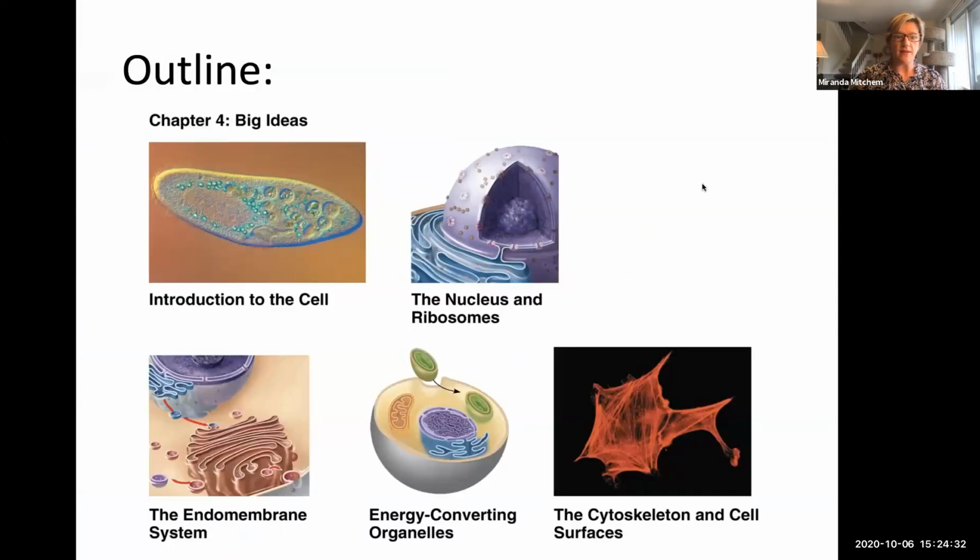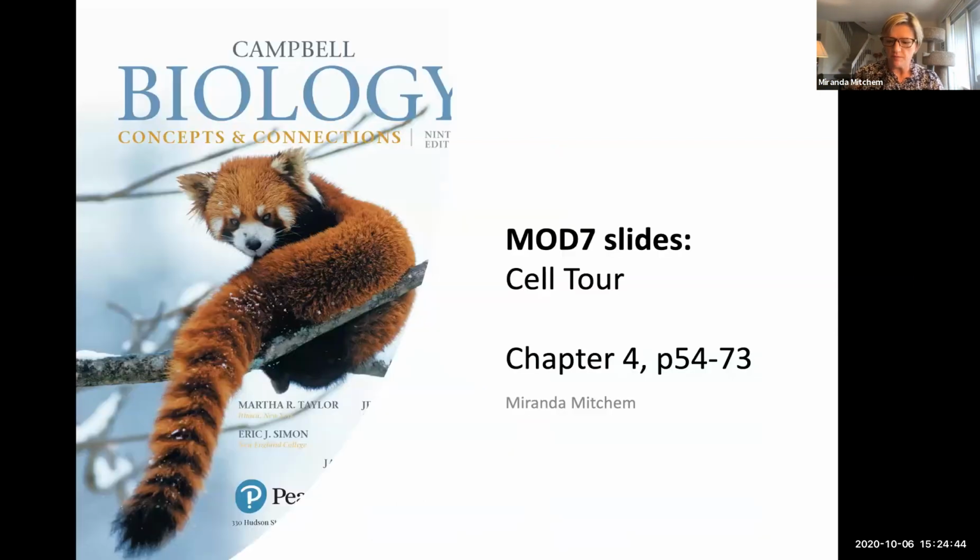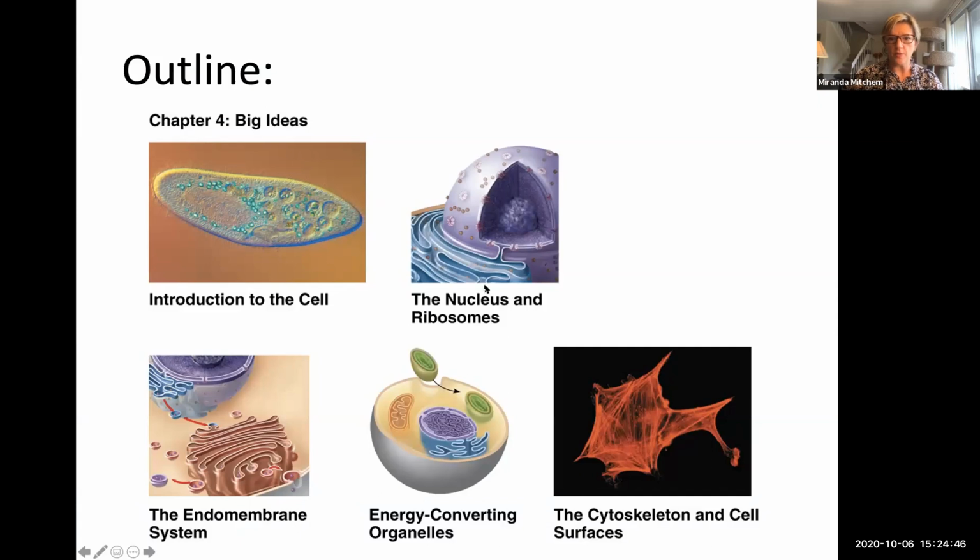So we will spend a little bit of time talking about the basic features of cells. We'll review the differences and similarities between prokaryotic and eukaryotic cells. From that point forward, though, once we move into the second section of this module, we'll be focusing on eukaryotes, since eukaryotes are the only type of cell that has organelles, including the nucleus.